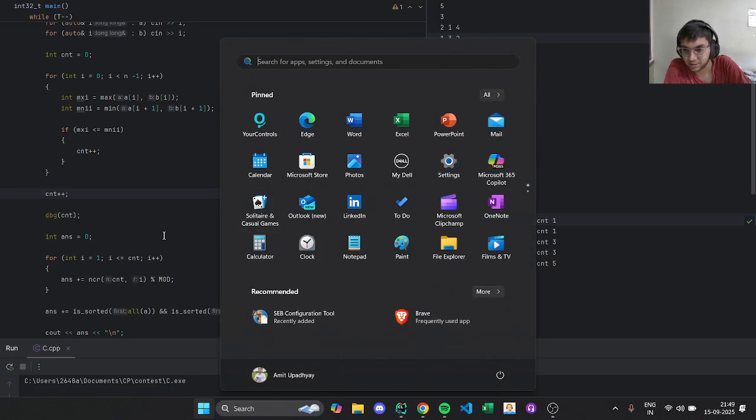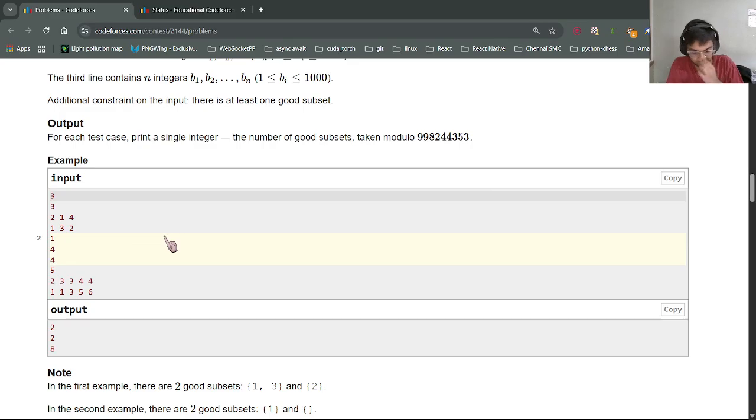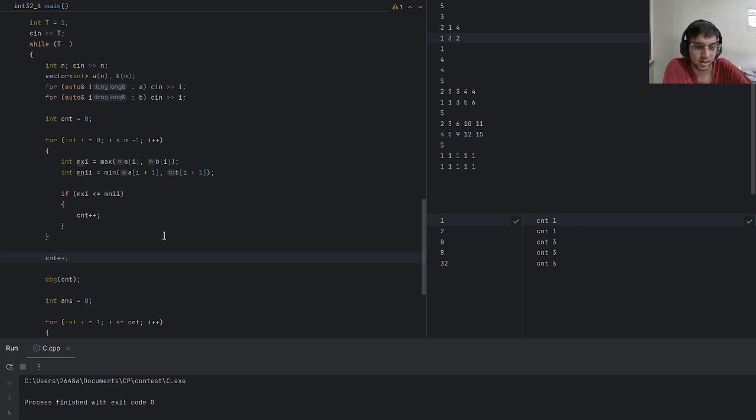This turned out to be wrong. I think it's a very wrong direction.